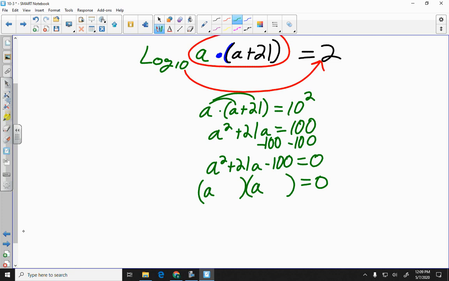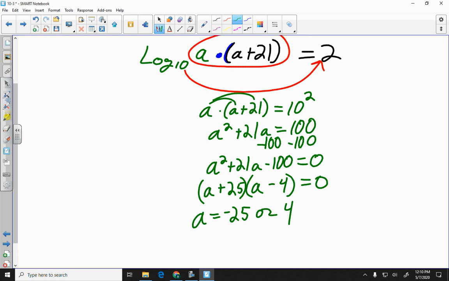I'm looking at 21 and 100. Factors of 100, something like maybe 25 times 4 makes 100, but it's negative. So one of them's plus, one of them's minus. Since I have a positive 21, I'm going to have the positive in the big number and the negative in the small number. Now I can solve these, and I say, well, then a has to equal either a negative 25 or a has to equal 4.